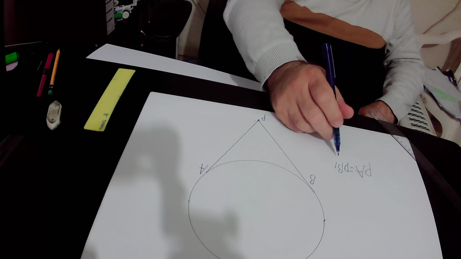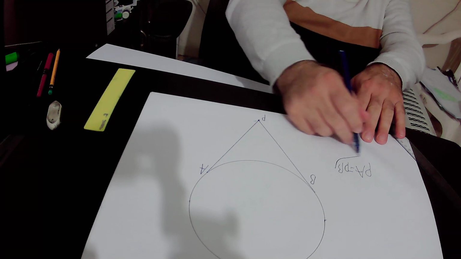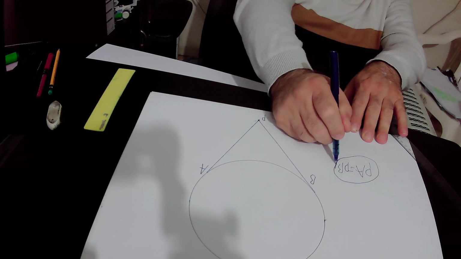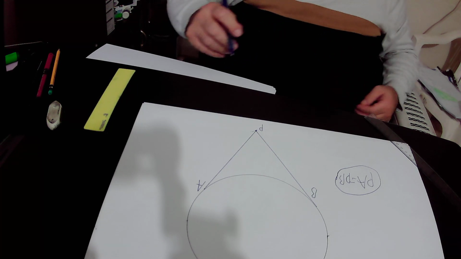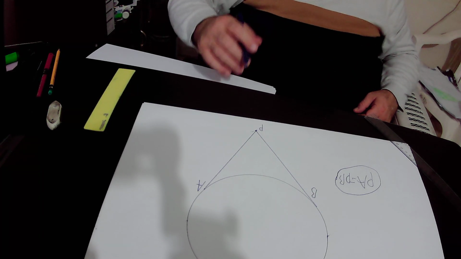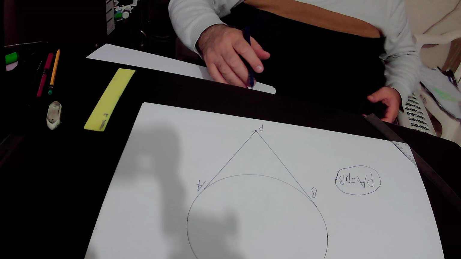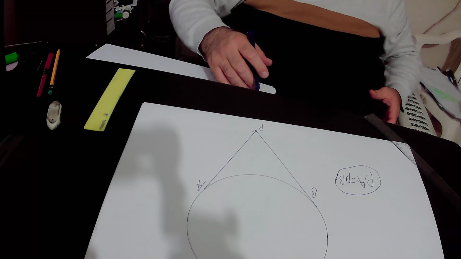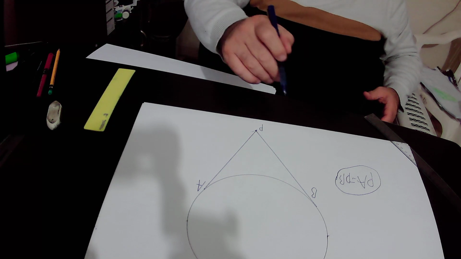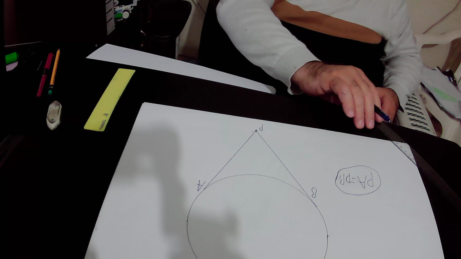That is to say, PA equals PB according to rule number 8. I'll repeat again: whenever you draw from a common external point two tangents to a circle, the lengths of those two tangents will be equal. In this case, PA equals PB.